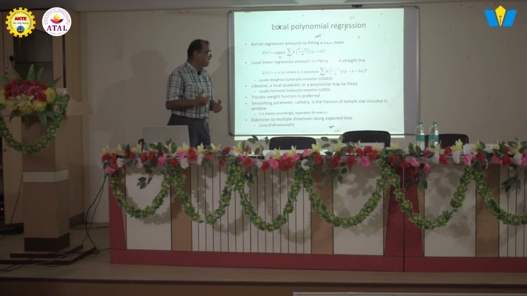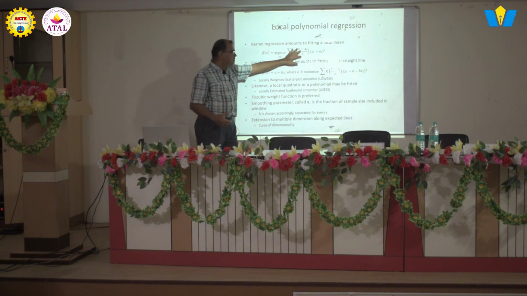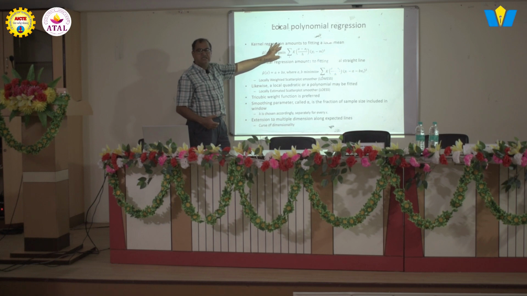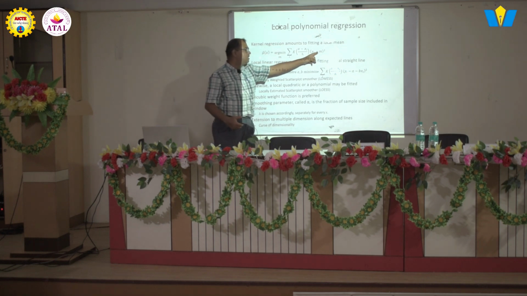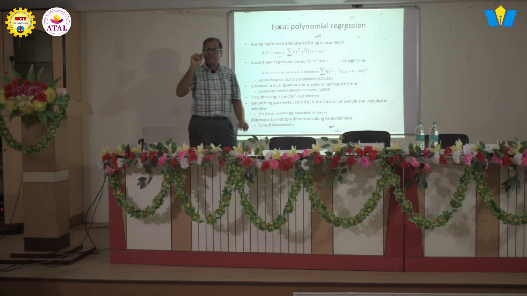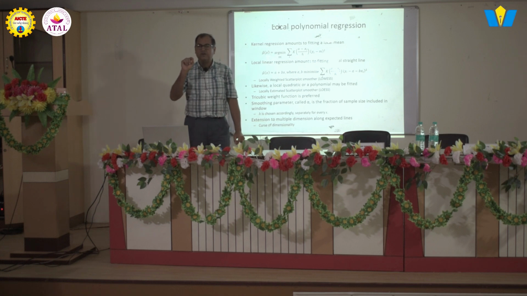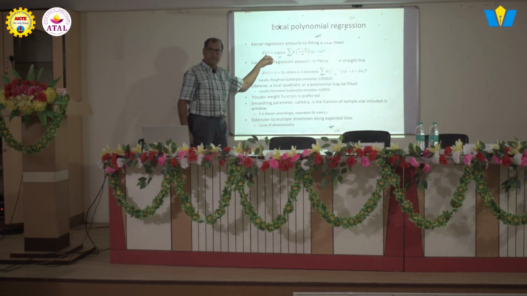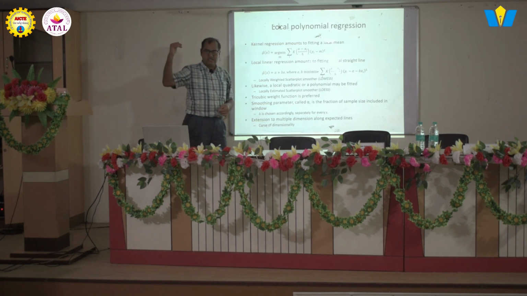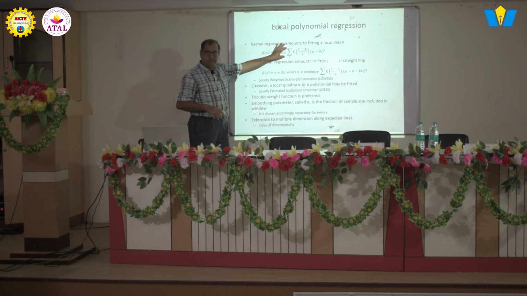Now that search, according to this criteria, is restricted to selecting an n, a single number for a given x. That means you are trying to find the best constant that fits the y values around the x. That's the way this problem has been formulated.